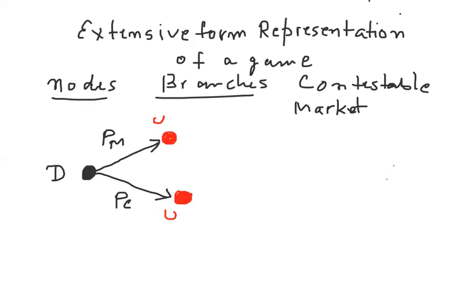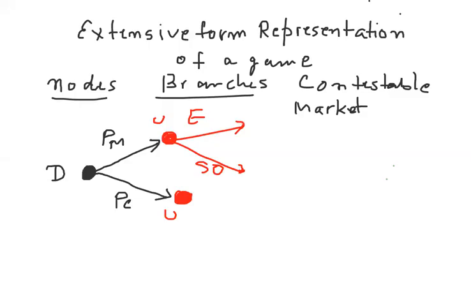United can enter and undercut Delta's fare. That's one strategy. Or United could stay out, meaning it doesn't fly on this route where Delta is flying.